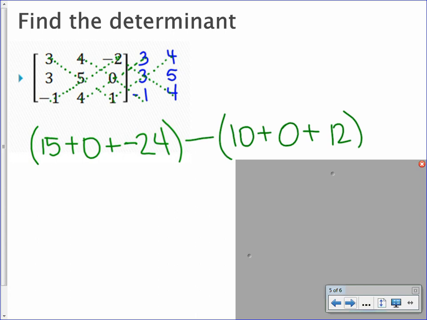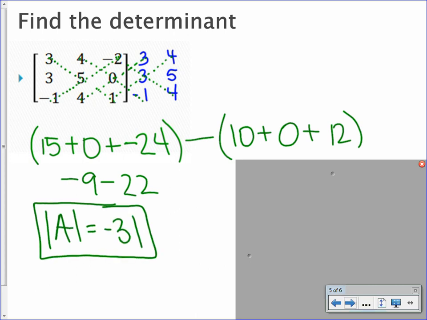Okay. What's 15 minus 24? And what is 10 plus 0 plus 12? So what we have is negative 9 minus 22. So the determinant is negative 31.